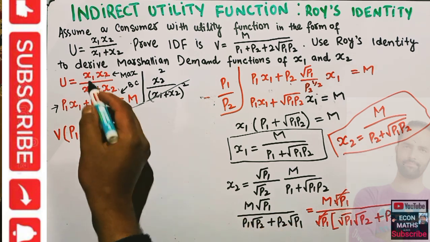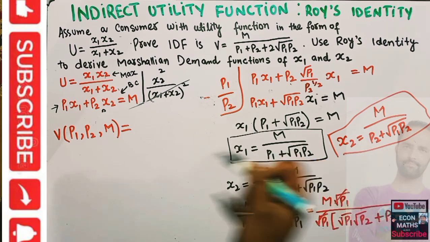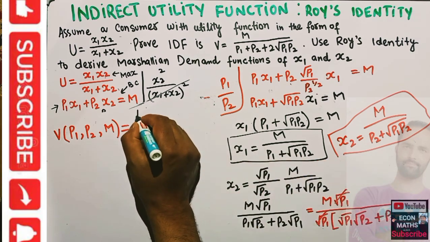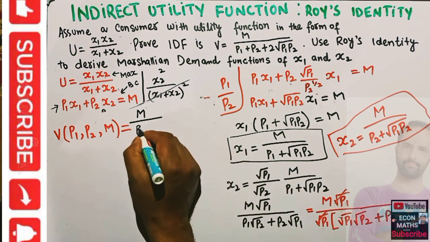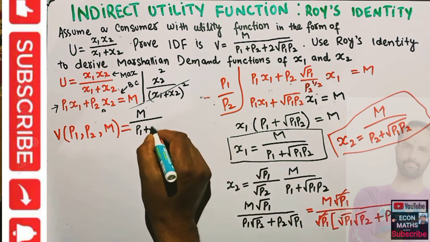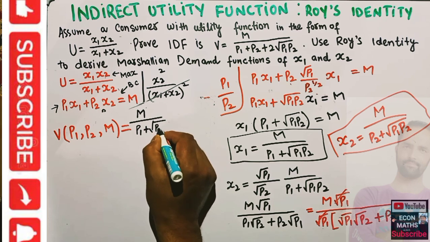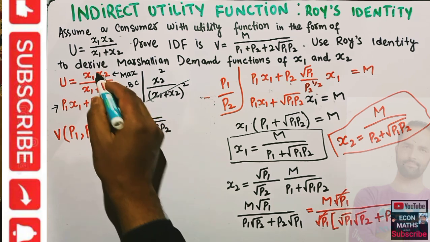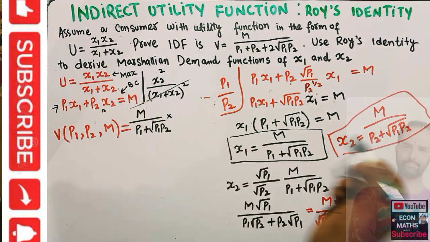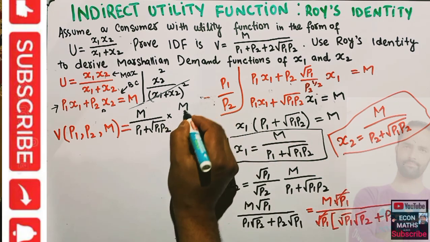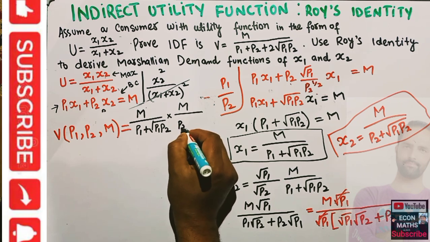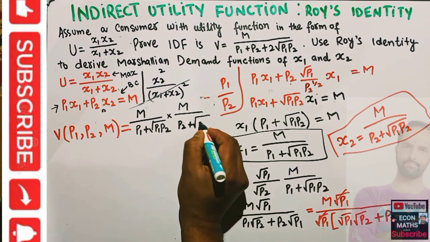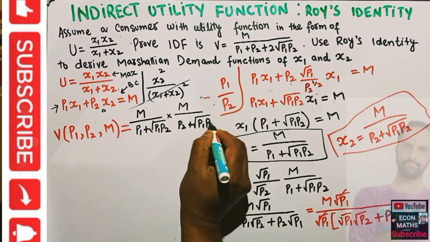this will be equal to, so x1, we got the value of x1 as m upon p1 plus under root p1 p2, into x2. So x2 is again m upon, this time we have p2 plus under root of p1 p2.